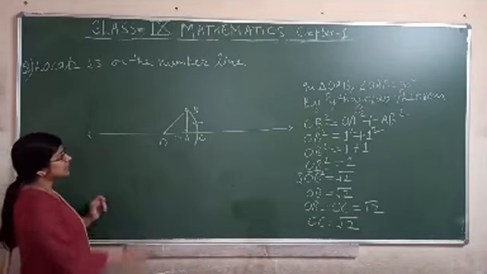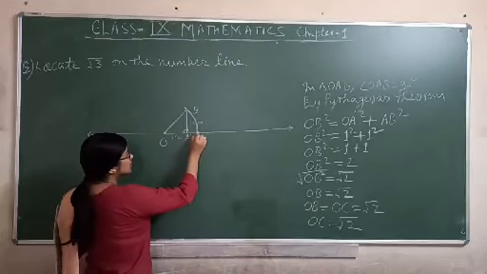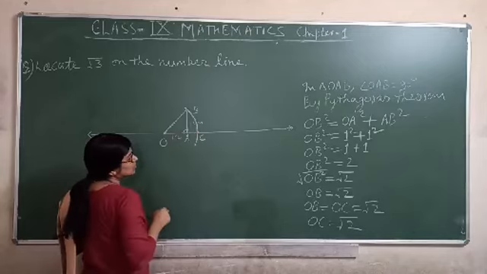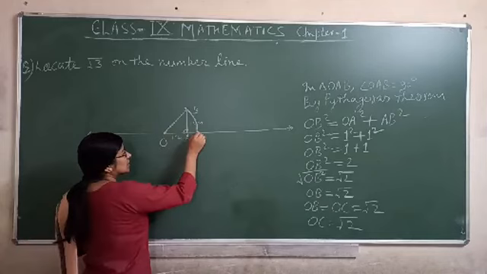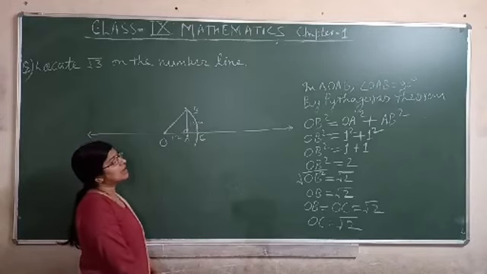So on the number line, this is point C. Point C locates root 2. OC equals root 2 and point C represents root 2 on the number line. This is your number line, another name of this is the real number line.